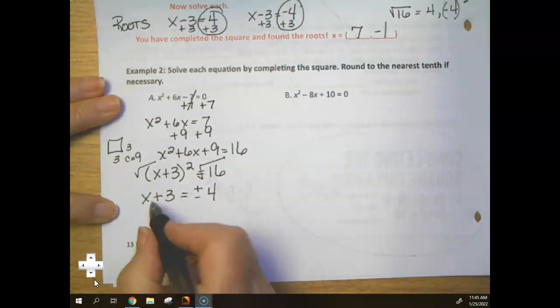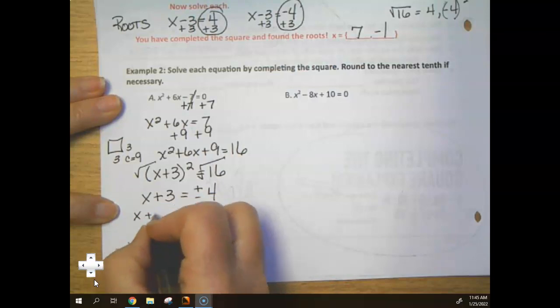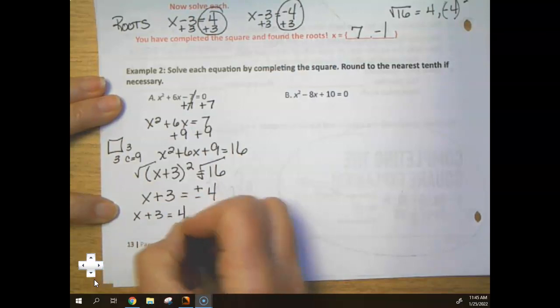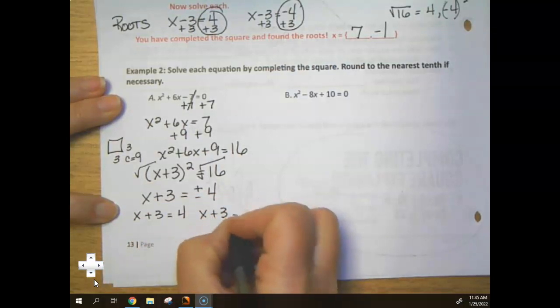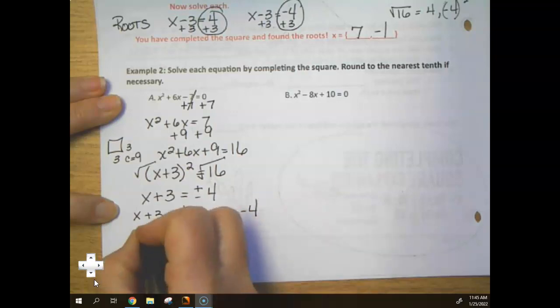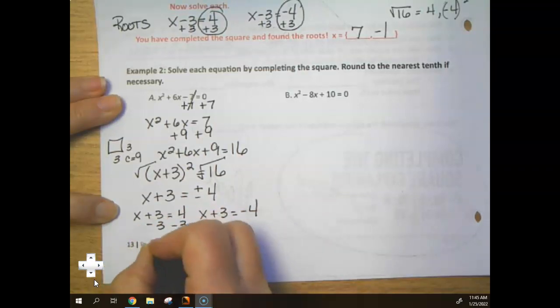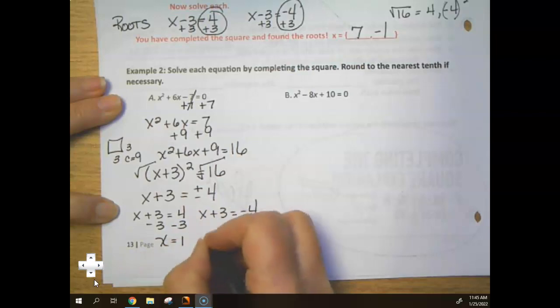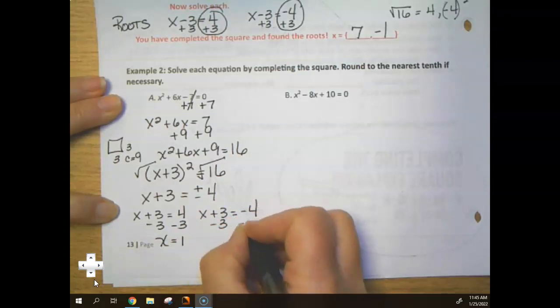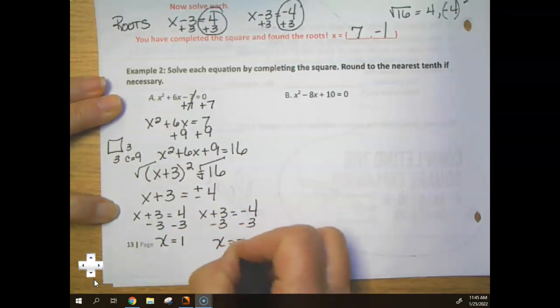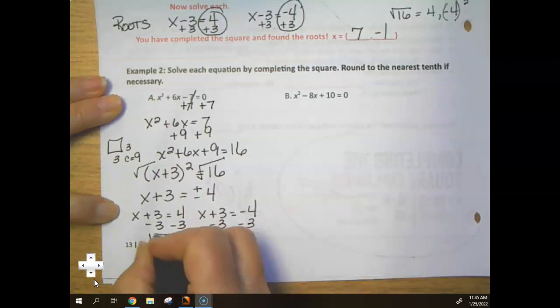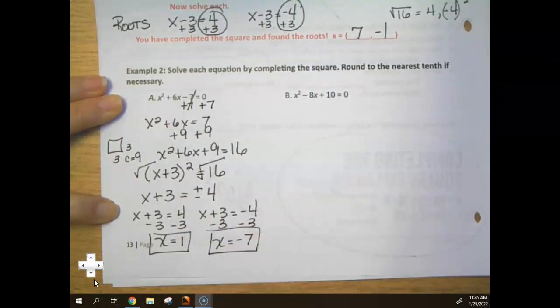Now I need to set up two equations. x plus 3 equals positive 4. x plus 3 equals negative 4. Subtract 3. x equals 1. Subtract 3. And x equals negative 7. So here's my two solutions. And that's what we're looking for.